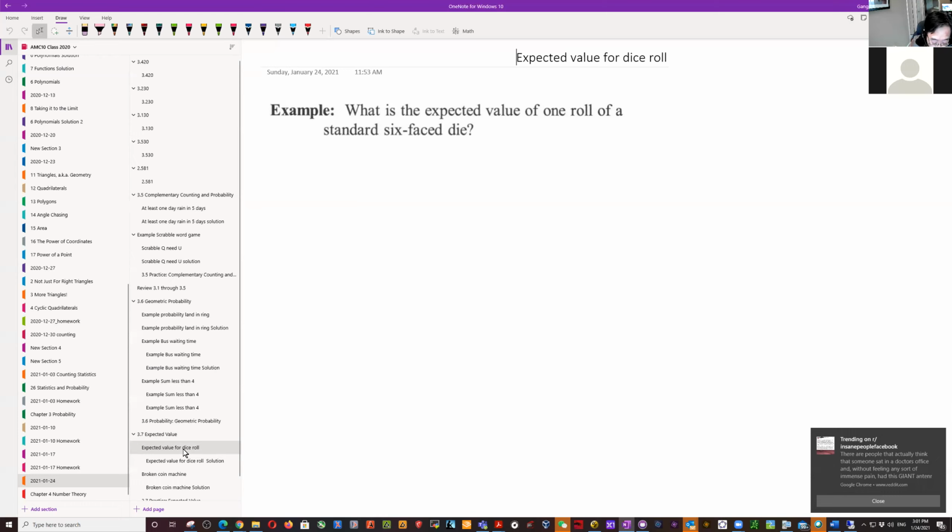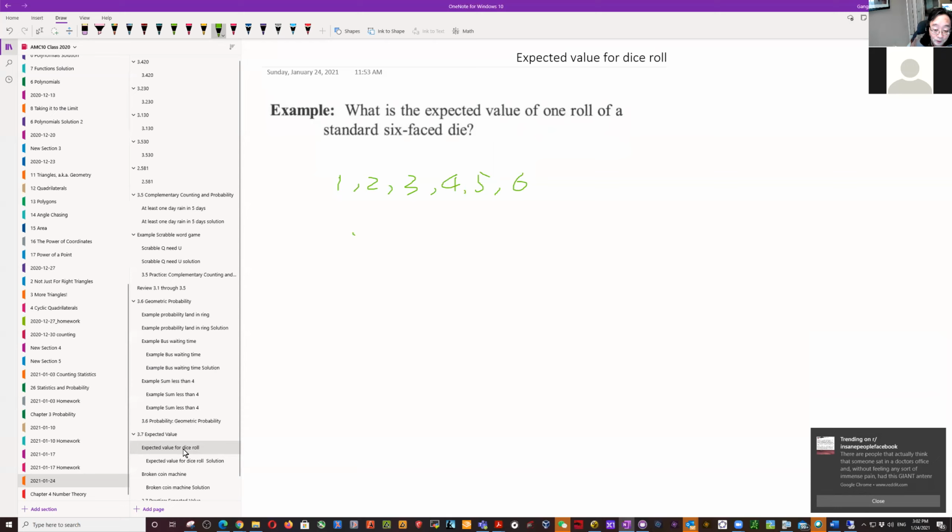For each roll, you can get 1, 2, 3, 4, 5, or 6. Because it's a fair die, in the most ideal situation, in the first 6 rolls you get 1, 2, 3, 4, 5, 6, one of each equally.